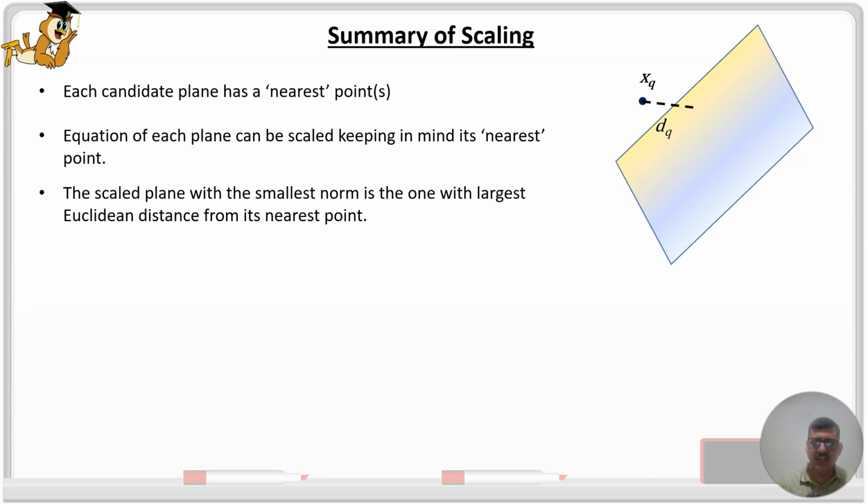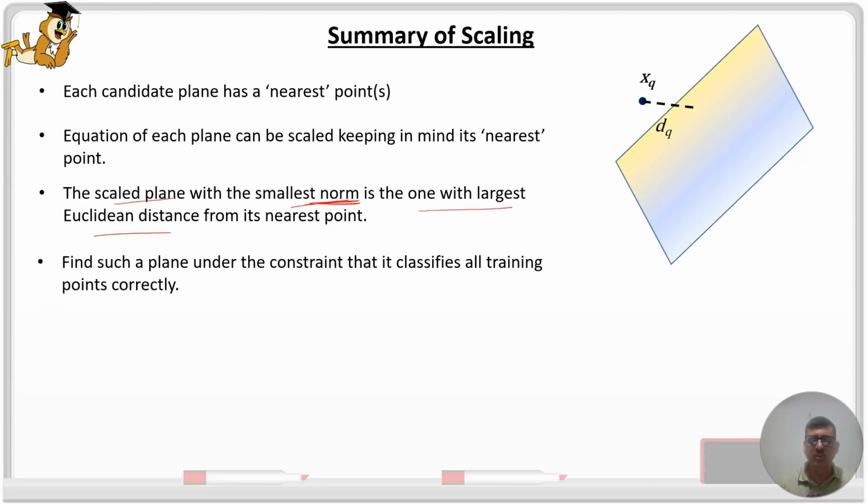Once you start scaling the planes in this manner with respect to their nearest point, the scaled plane with the smallest norm in the denominator is the one with the largest Euclidean distance from its respective point. So therefore we find such a plane under the constraint that it classifies all the training points correctly.